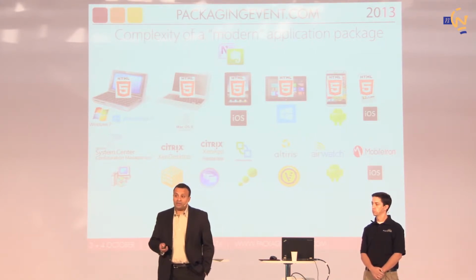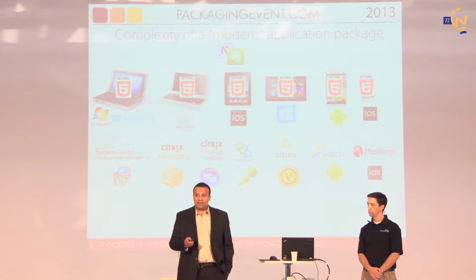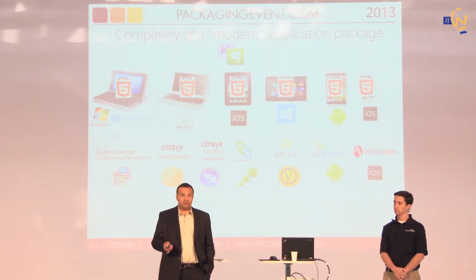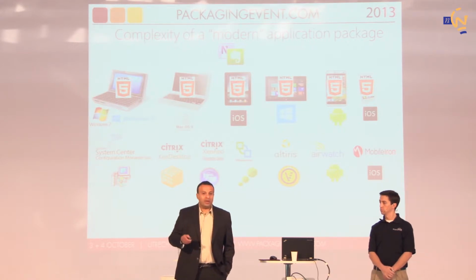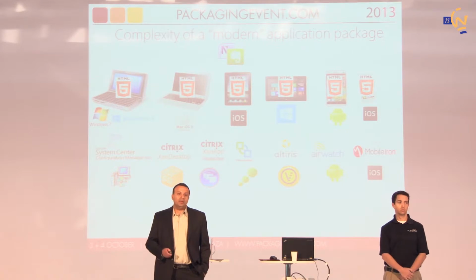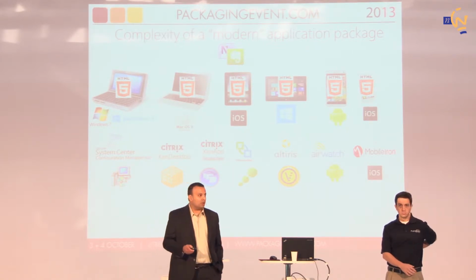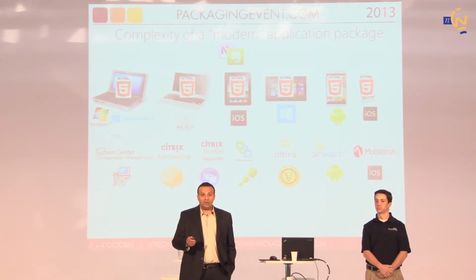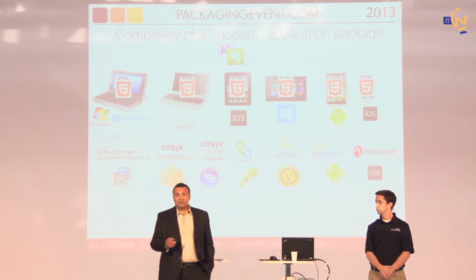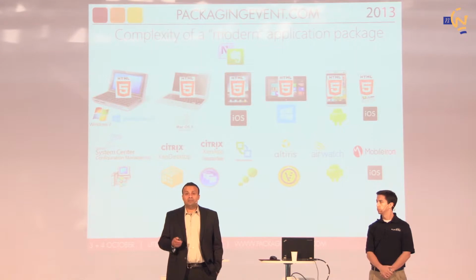Because an Android device, more than normal, frequently comes with more than one browser. Chrome has to be included because it's Google's operating system, and then the vendor might also put in their own browser version. So we've got to consider HTML5 as well.